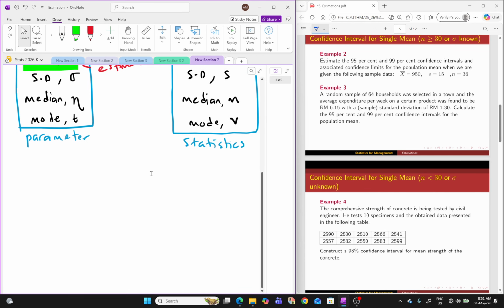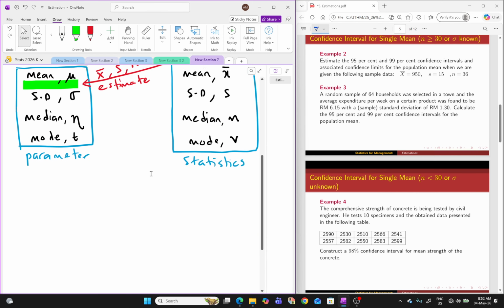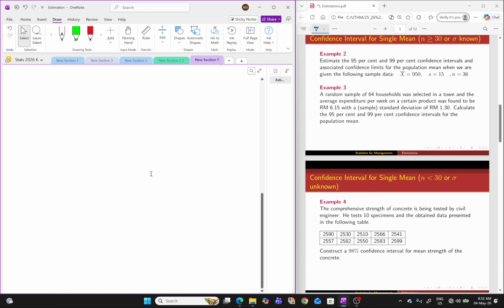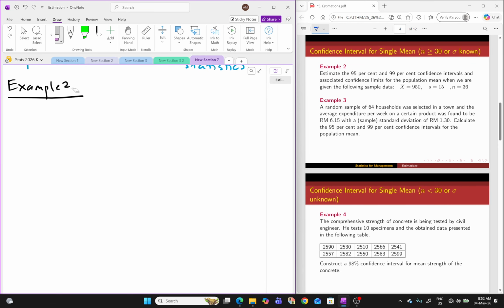Okay, example 2 here. Example 2. The first two example, we have to assume that n is greater than 30, and standard deviation of population is known.